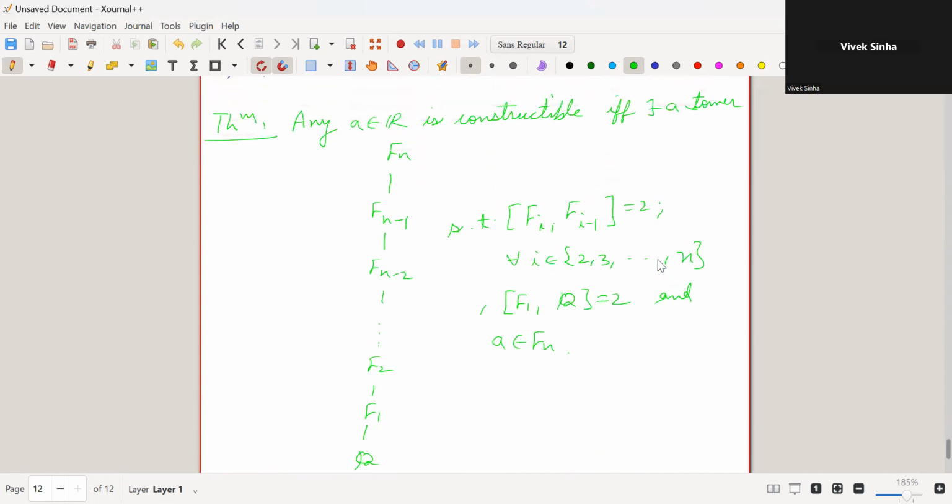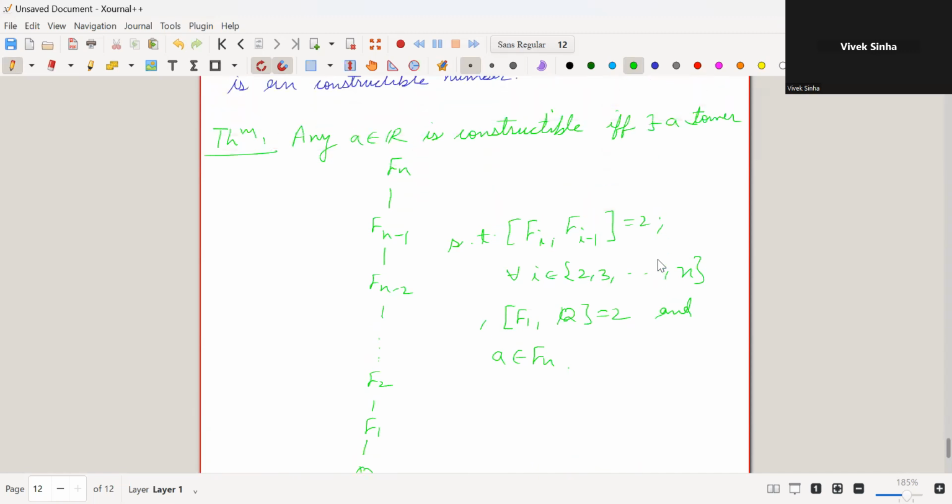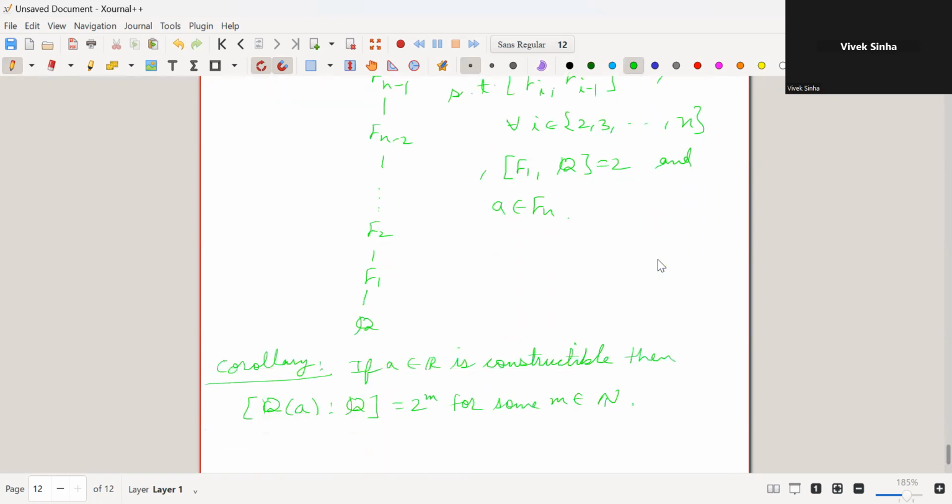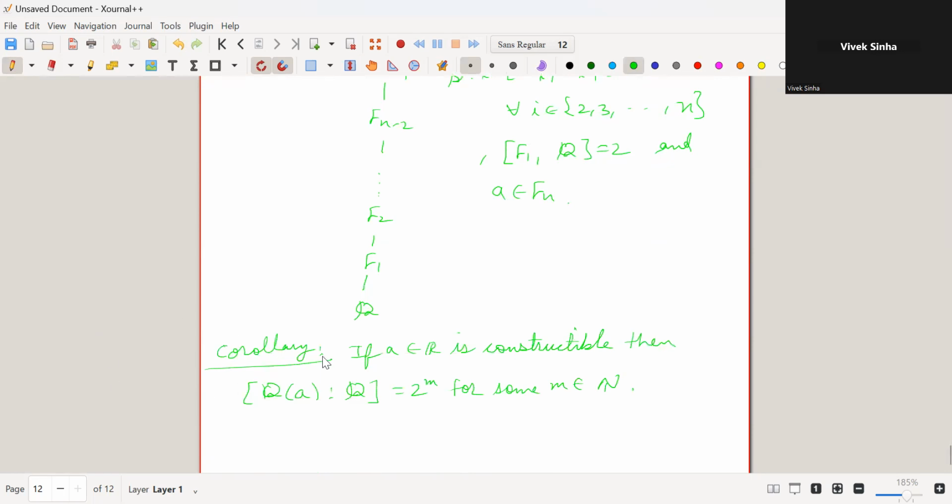But one side of the corollary is true; the theorem is true both sides, that if there is such a tower, then it is constructible, and otherwise not. Or the corollary says that if it is constructible, then the degree must be of the form 2 raised to n. But keep this in mind, that the corollary is not two ways.